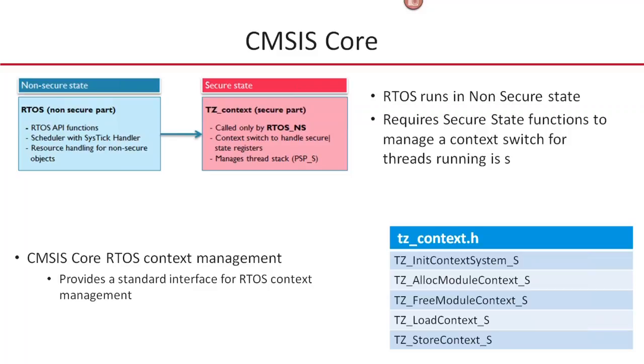Again, this is the sort of code that anybody could write. However, the CMSIS RTOS functions provide a standardized way for small footprint operating systems to manage a context switch. So any operating system that uses this will allow middleware or other bits of code to be accessed through this standard interface. So it's quite important when we're trying to mix and match third-party code.